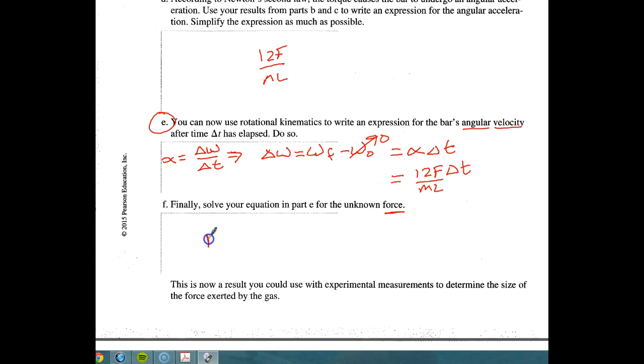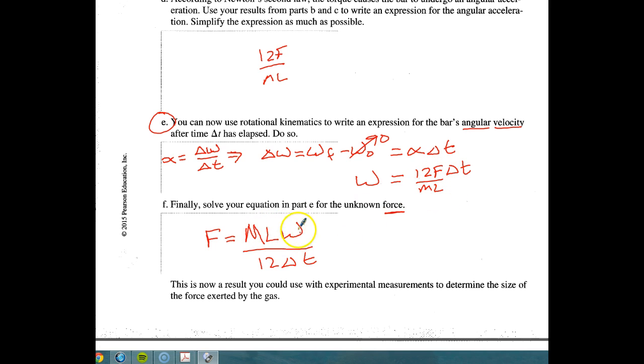So at this point, we're just going to say the force is equal to, we've got the mass, so we have the mass times L times omega, and now we're going to put that over our 12 times the change in time. So all we did here was we solved this equation for F. So when we do that, we multiply both sides by ml, which is what we did.